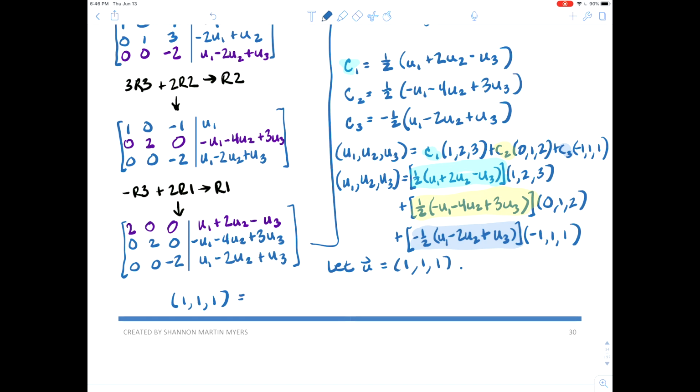So for C1, inside the parens, what would we have? We'd have 1 plus 2 is 3, minus 1 is 2.